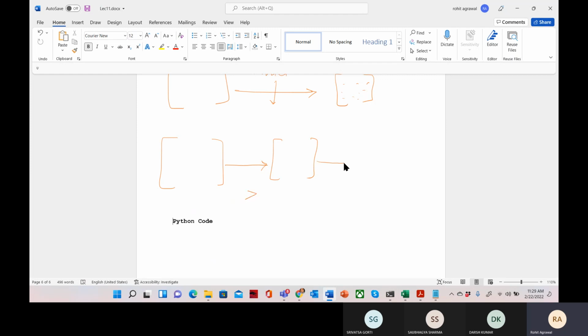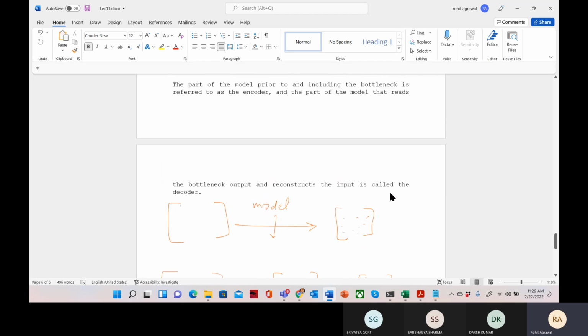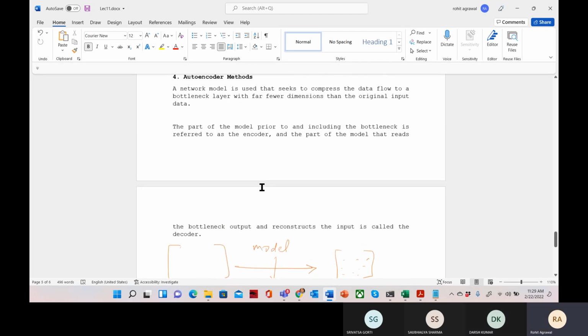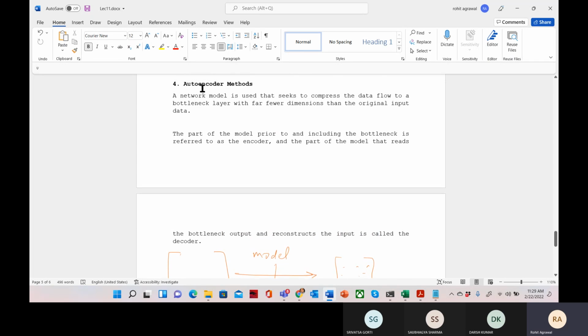Then we will have one more layer and reduce this data again, and one more layer and reduce it again. Clear? So this is called the autoencoder method.